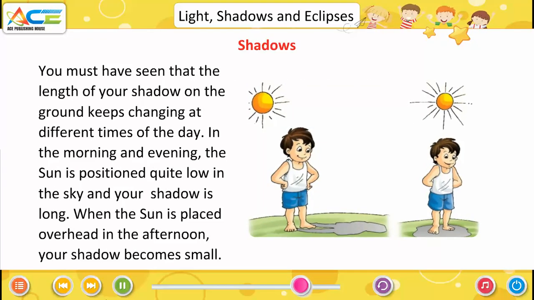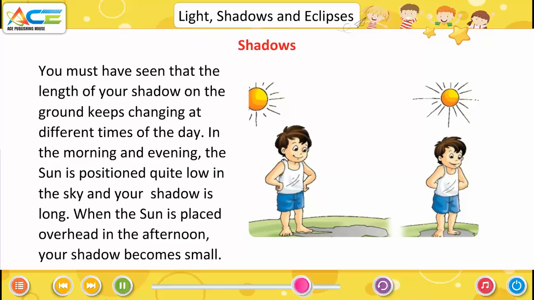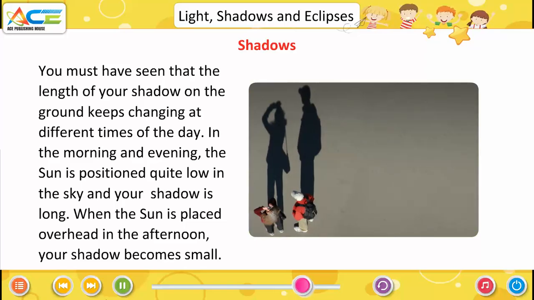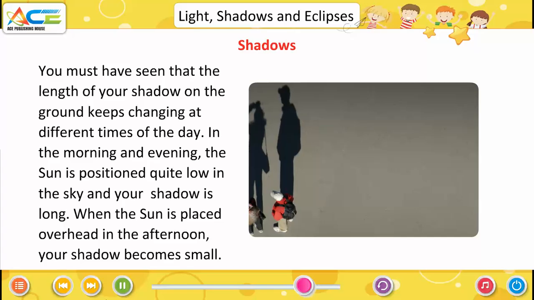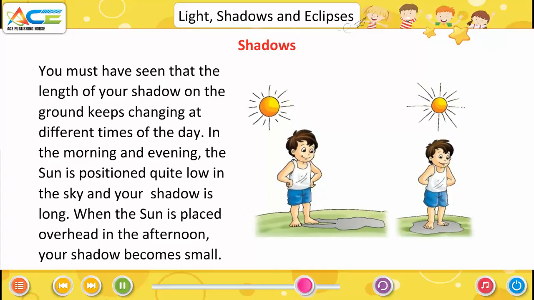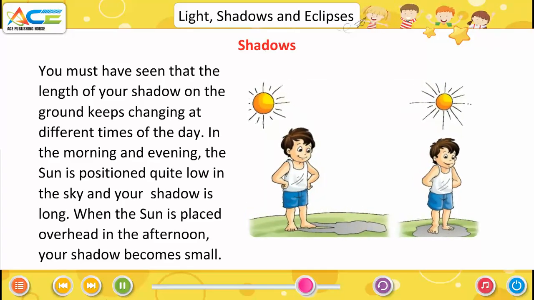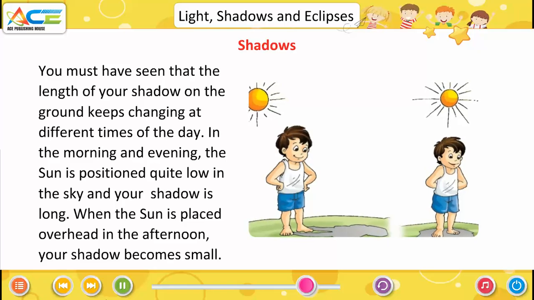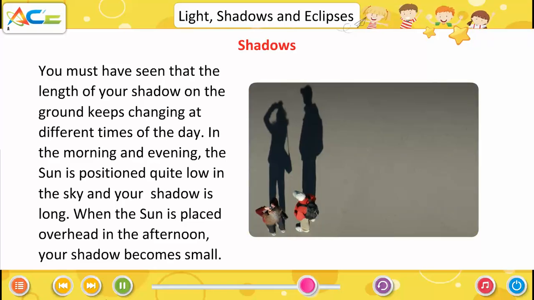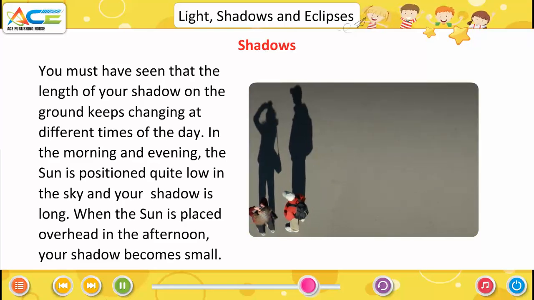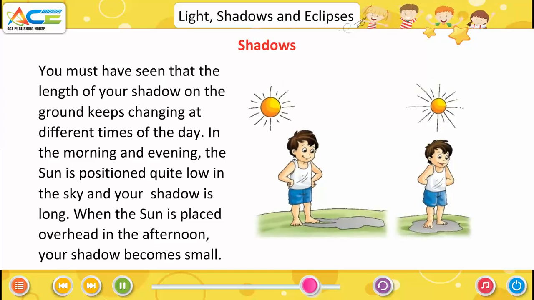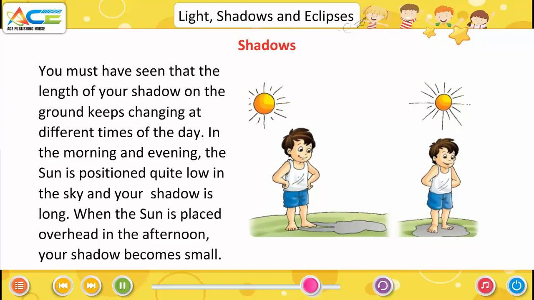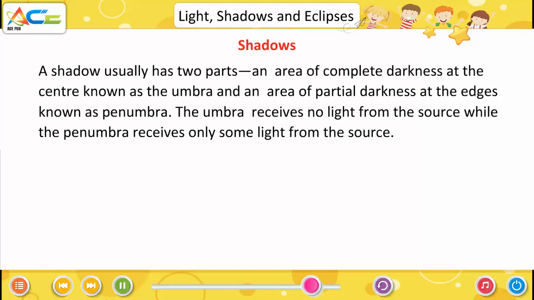You must have seen that the length of your shadow on the ground keeps changing at different times of the day. In the morning and evening, the sun is positioned quite low in the sky and your shadow is long. When the sun is placed overhead in the afternoon, your shadow becomes small.